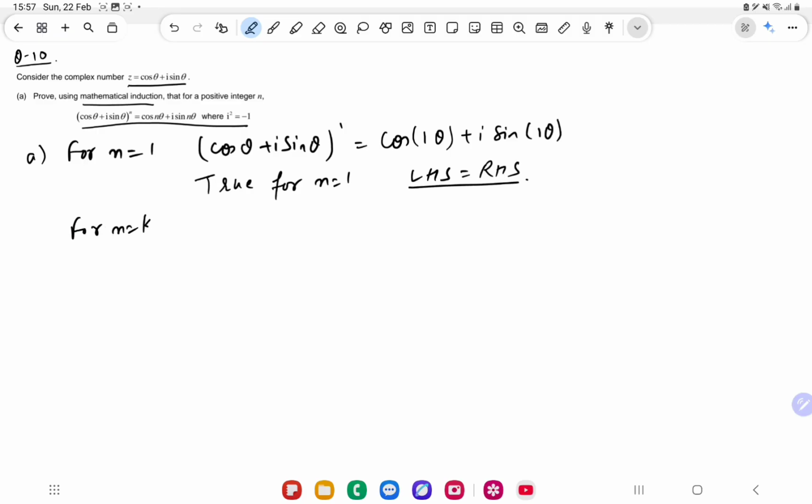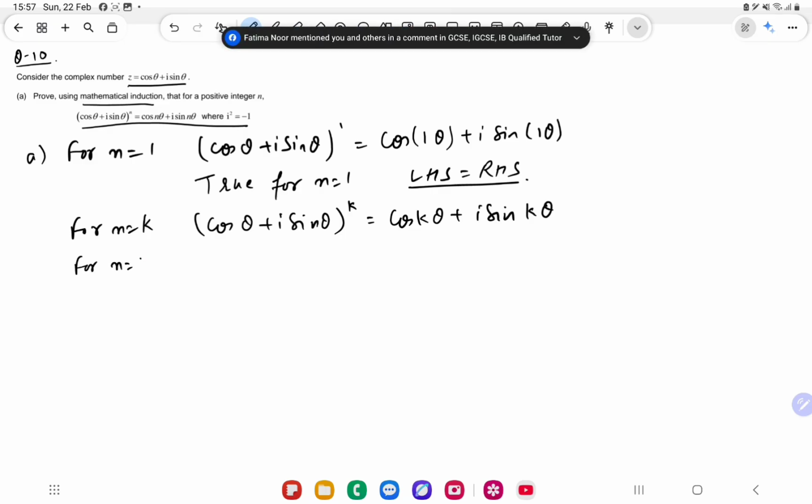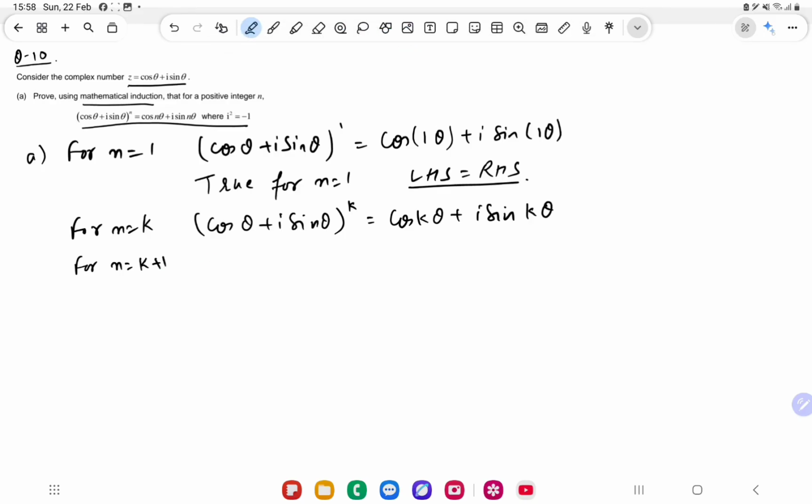Now for n equals k, we have to assume that it is true. So I can write (cos theta plus i sin theta) to the power k equals cos k theta plus i sin k theta. So this must be true for n equals k plus 1 also. So we can write this as (cos theta plus i sin theta) to the power k plus 1.